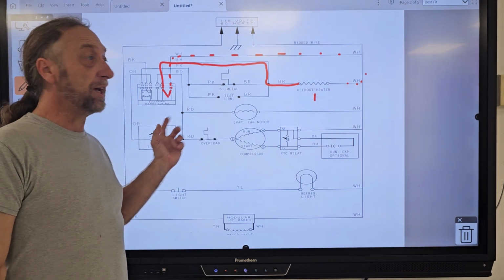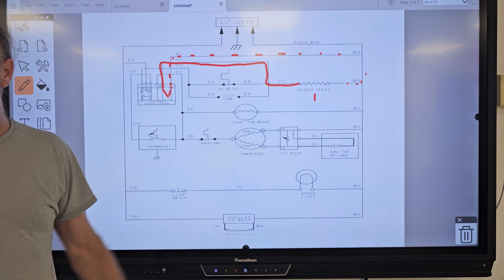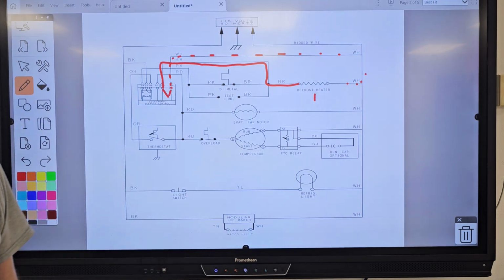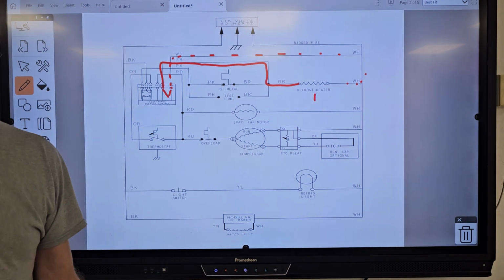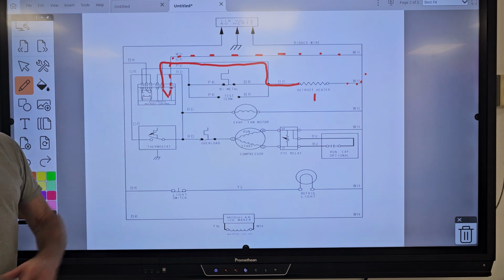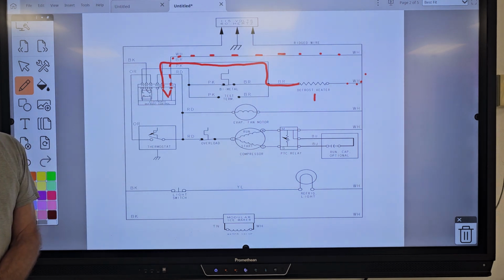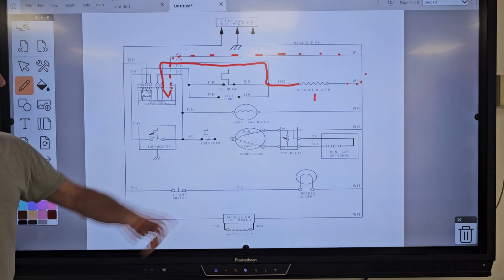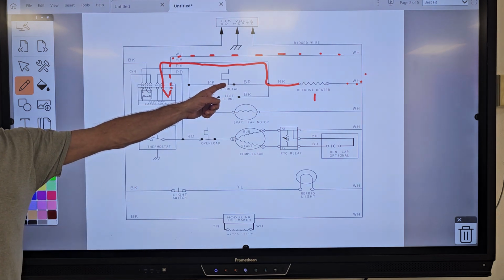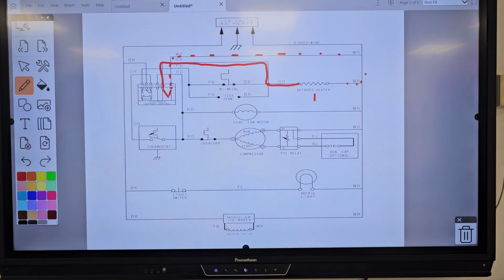If I have voltage there, no ice melting, what's wrong? Heater's bad, right? But what if I have 0 volts there? What could the problem be? The thermostat? So where's the next test to make after that?